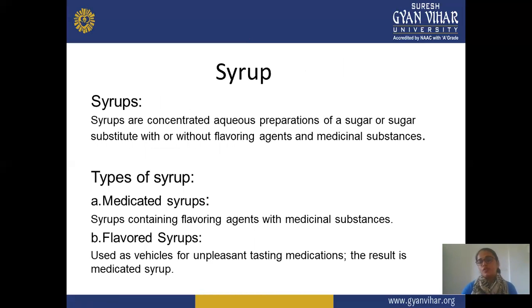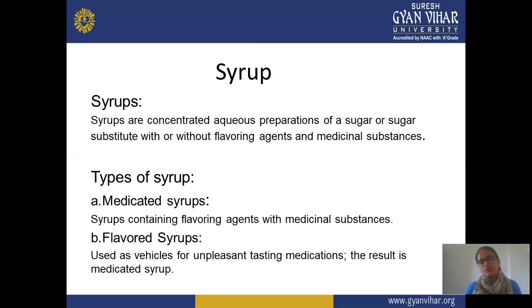Now, types of dosage forms, or different liquid dosage forms. The first, majorly formulated and used liquid dosage form is syrup, which is largely used. Syrups are concentrated aqueous preparations of a sugar or sugar substitute, with or without flavoring agent and medicinal substance.